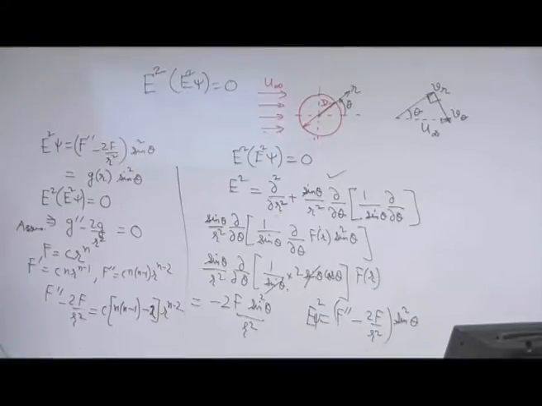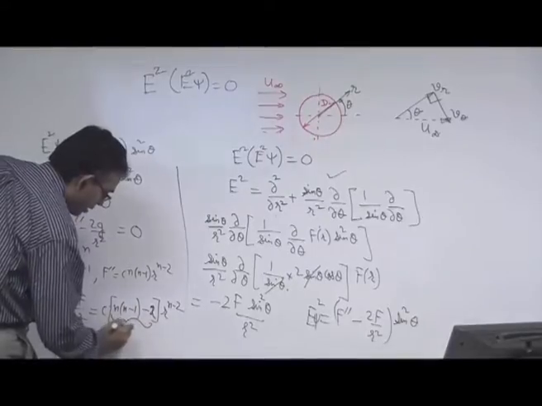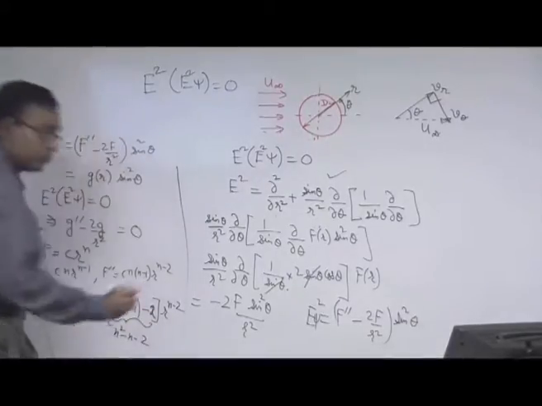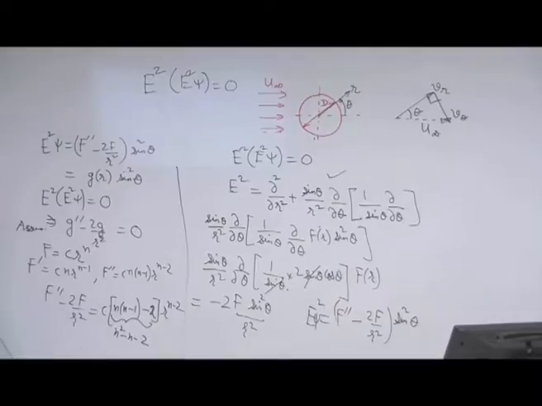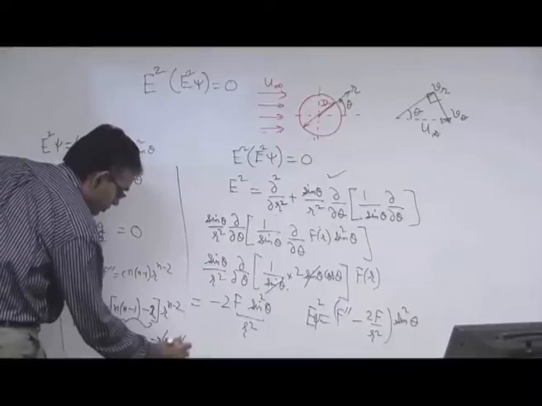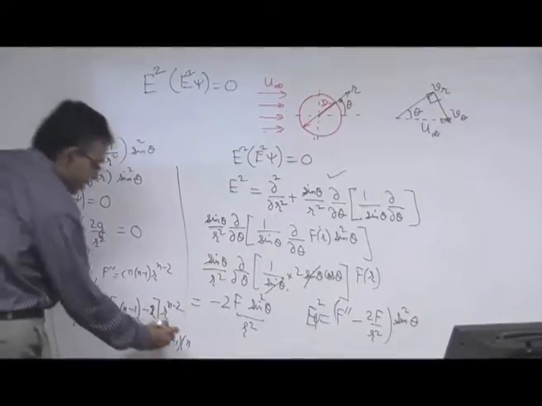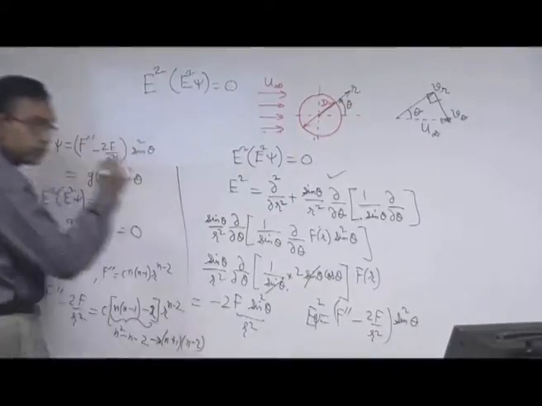So, this is n square minus n minus 2. So, that is n plus 1 into n minus 2.